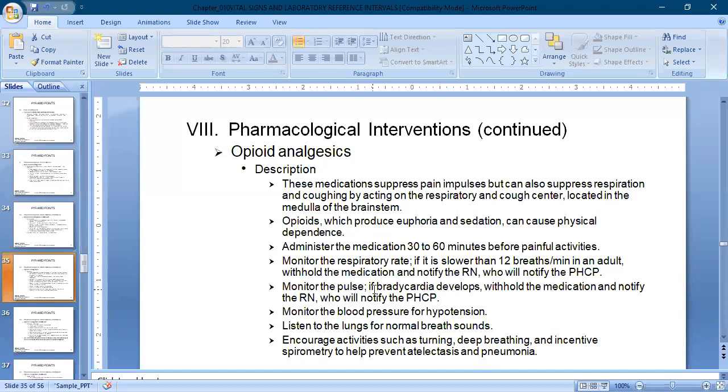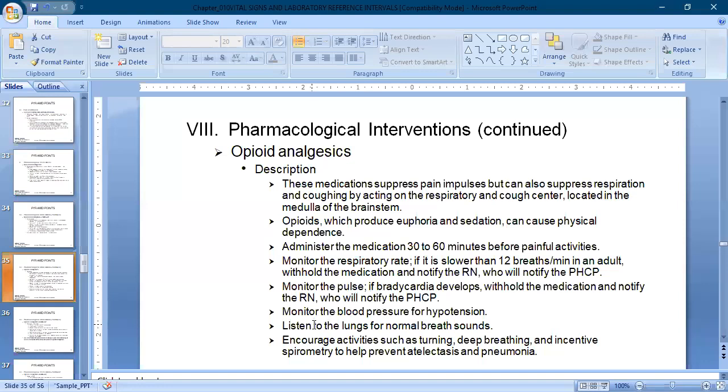If the patient has bradycardia, meaning the heartbeat is less than 60 beats per minute, we have to withhold and inform the healthcare provider. Monitor the blood pressure for hypotension because opioids can cause hypotension.